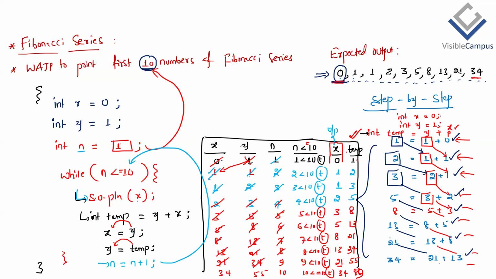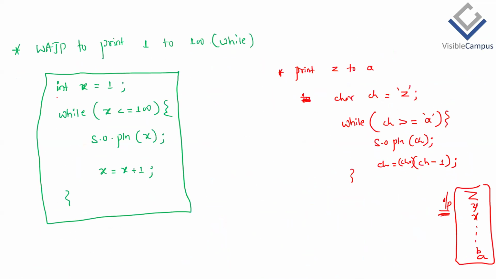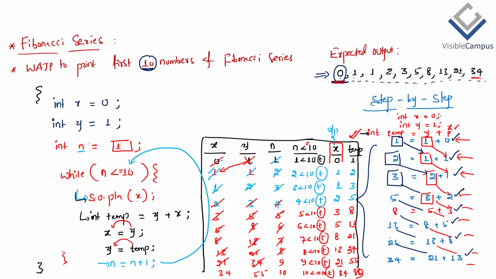So first printing. Yeah, we can use the Scanner class there. Initialization has to be there before the while loop, right? Initialization has to be before the while loop. The same way, here also we are initializing before the while loop.